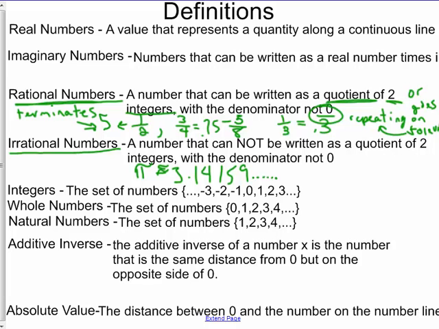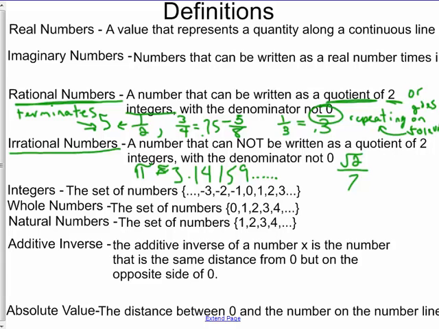An irrational number would be all those numbers that cannot be written that way. Our most famous is pi, 3.14159. It goes on forever without a pattern. Other ones that you may see, quite a few radicals, like radical 2 or square root of 2 over 7.